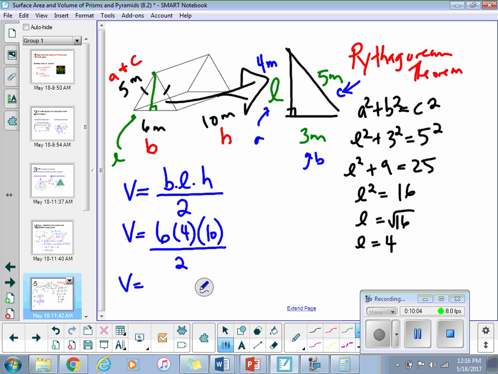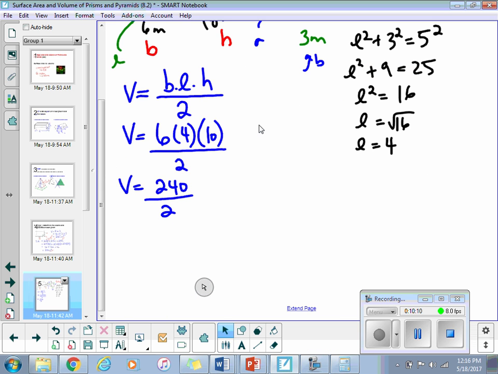So V is 240 divided by 2, and your final answer is 120 meters, what? Cubed or squared? We had meters here, meters here, meters here, so it's going to be cubed.